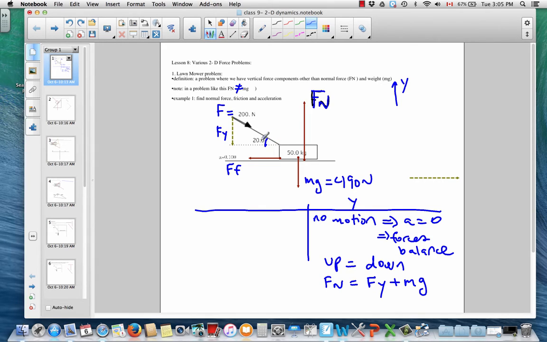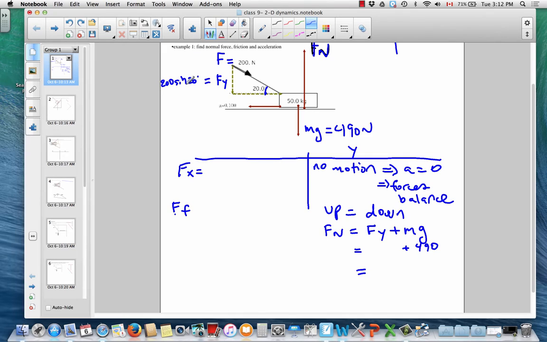This is a 20-degree angle along the handle. So this is the opposite side. This will be 200 sine 20 degrees. Okay, so 200 sine 20 is 68.4. So we're pushing down the handle with 68.4 newtons. And so the normal force ends up being 558.4 newtons.